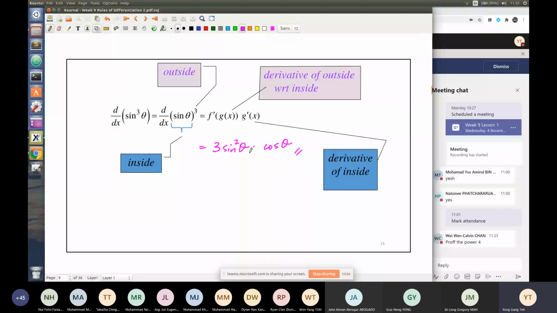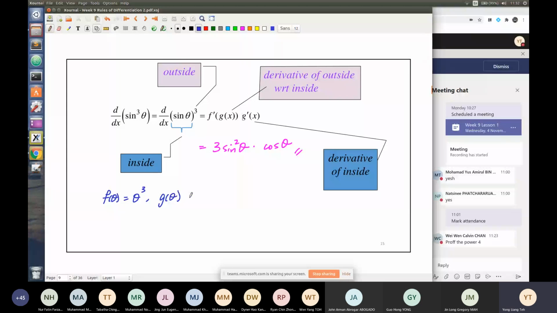So this is demonstrating using the inside-outside method. But if you want to check your answer, you can of course write this with f and g. f of x is x cubed. Then g is sine theta; let me change everything to theta so I use the same independent variable.